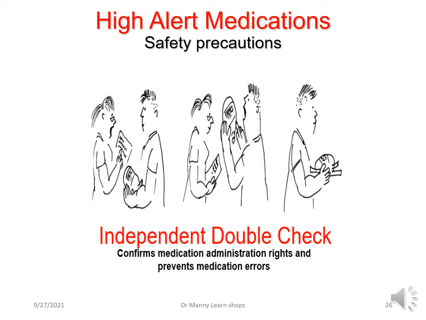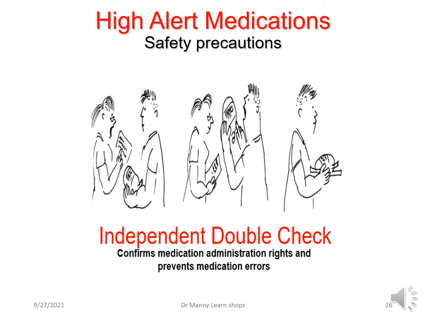Another important tool is called independent double check. And this means you have two registered practitioners that handle medications, whether they're the physician, the pharmacist, the nurse. And this process allows confirmation that medication administration rights have been employed, and this can prevent medication errors.